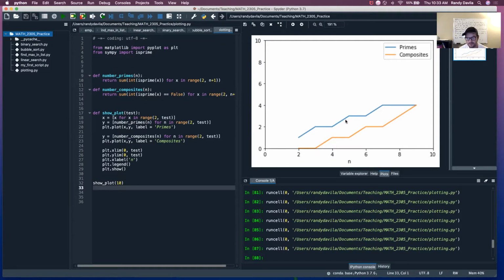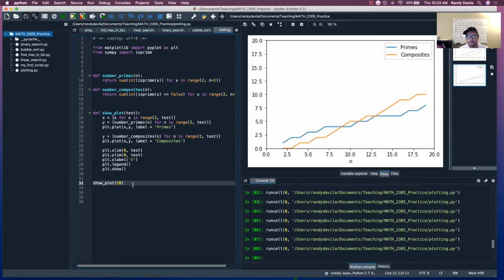So these lines are just showing us how many primes are less than or equal to n, that's the blue line, and how many composites are less than or equal to n, that's the orange line. Okay, so that's 10. Maybe let's look at up to 20 now. We see that the number of composites is growing, the number of primes is still growing.